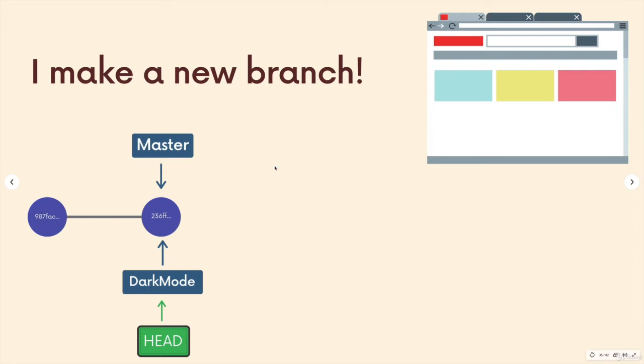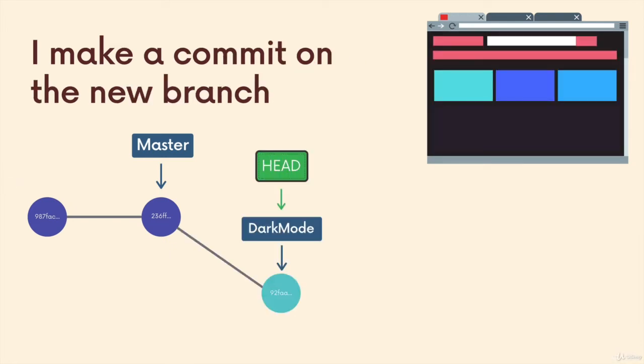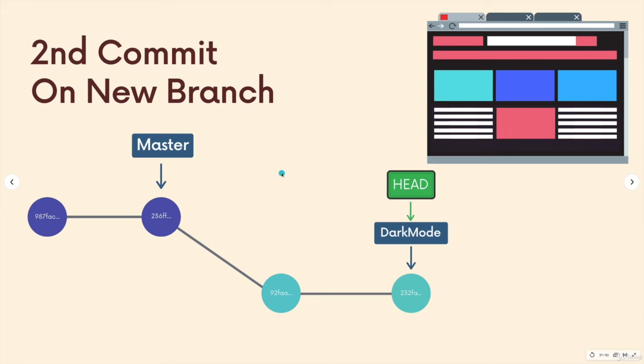So now if I make a new commit, I do some new work. Things diverge. Master stays where it was. It's pointing to this commit. But dark mode now has a new commit it refers to, and HEAD still points to dark mode. So if I do new work, I'm on dark mode. That's the branch I currently am on. So that new commit is on dark mode. This dark mode pointer updates to this commit instead of that one.